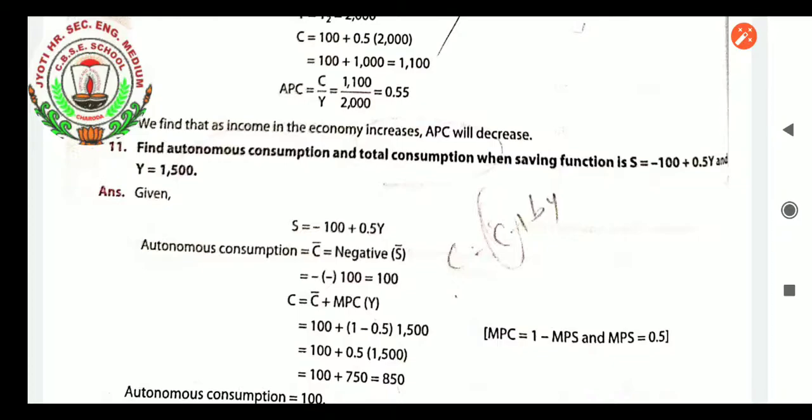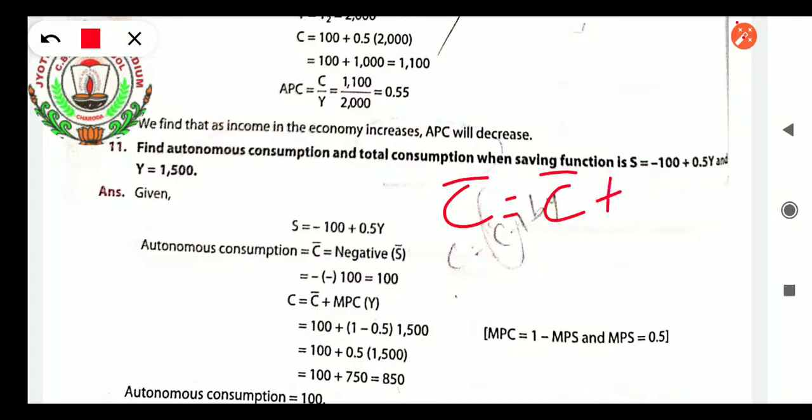Autonomous consumption and total consumption we have to take, that is C bar and total C, when the saving function is S equals to minus 100 plus 0.5 y and y equals to 1500. How can we take it students? Let us have the calculation. We have to take the C bar and we also have to take C.